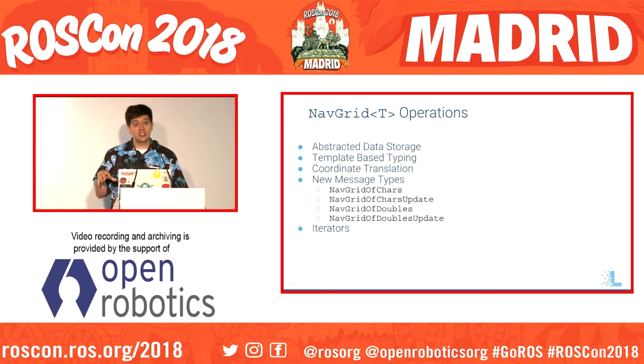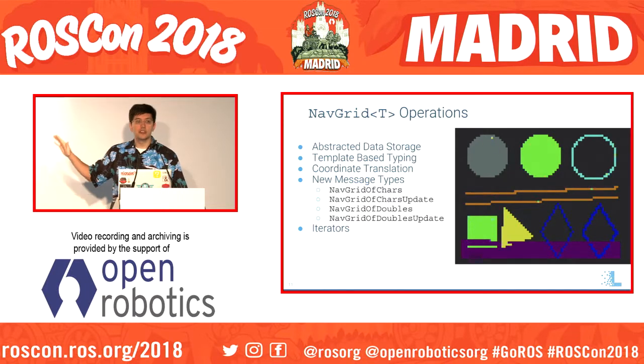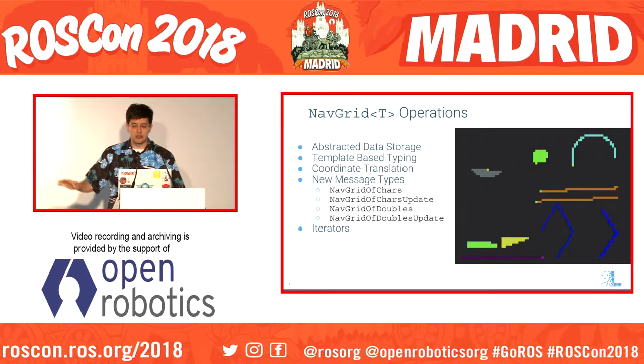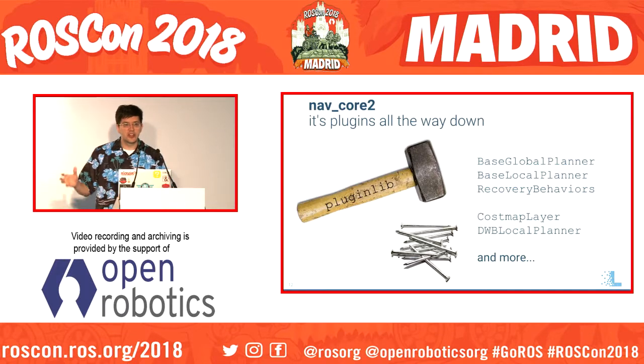There are new message types that don't suffer the setbacks of occupancy grid, called navgrid of chars and the related updates. And finally, this is inspired by the work of the grid map people. There are also iterators that work on these that are easily reused for a number of different operations. And so this actually forms the basis of one of the new plugins I made.